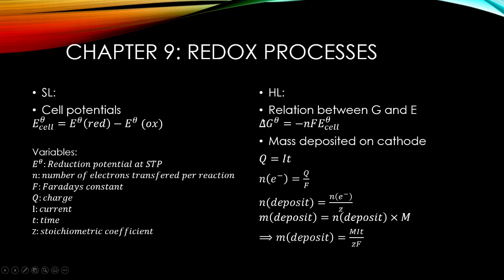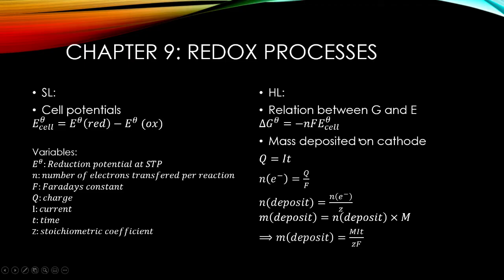So that's this equation. I think it's usually used in problems to figure out the delta G and not the E cell. So you would have a problem where you had to find the E cell, and then the next problem would be to find the delta G.